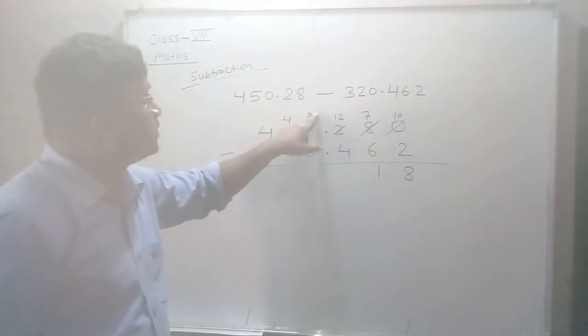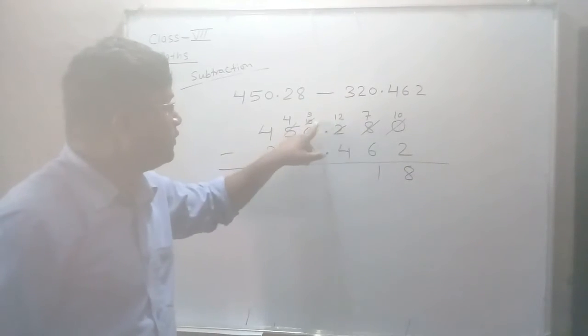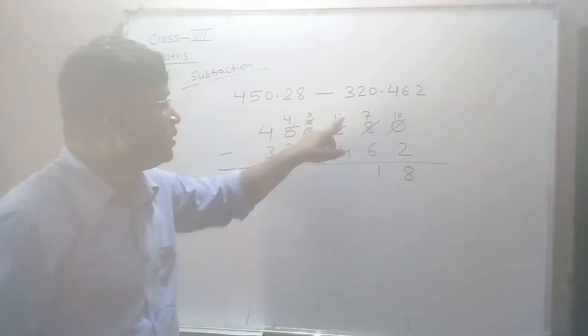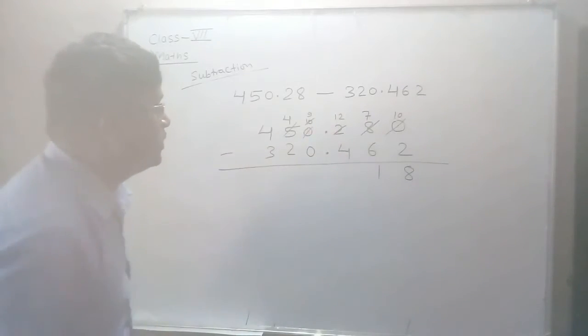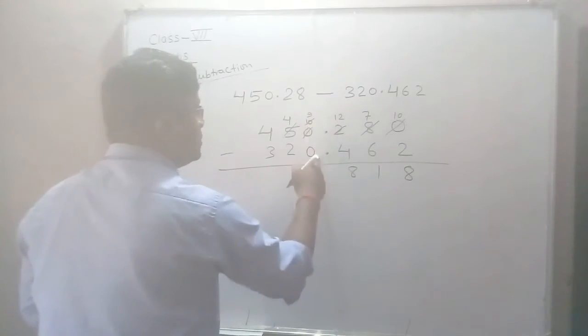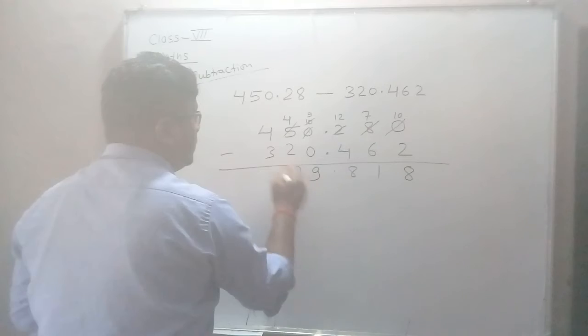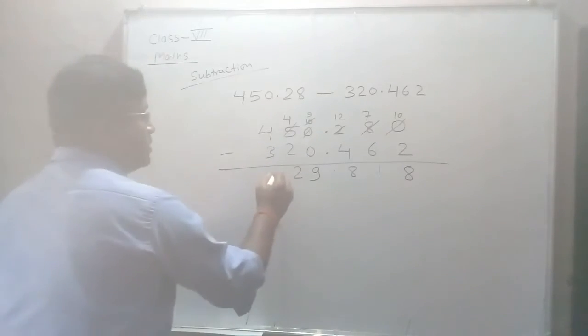After giving 1, 9 here, and 12. Okay, so 12 minus 4 is 8. 9 minus 0 is 9. 4 minus 2 is 2 and 4 minus 3 is 1.